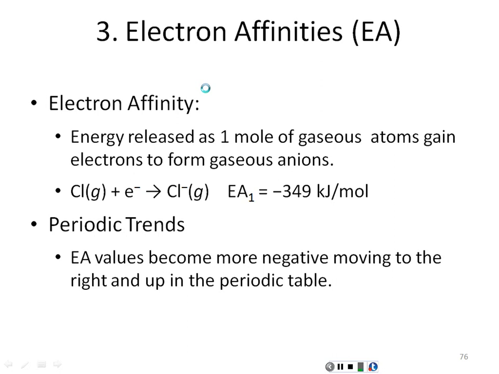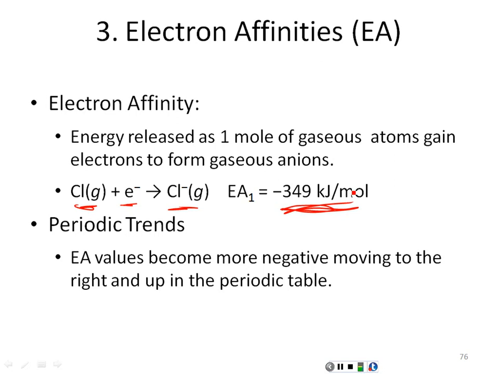So with chlorine as an example, we would have chlorine gas plus an electron goes to chlorine minus. And that electron affinity, if you're curious, is about minus 350 kilojoules per mole. Again, that's not a number you're going to have to remember, but it's just so you have something to compare it to.